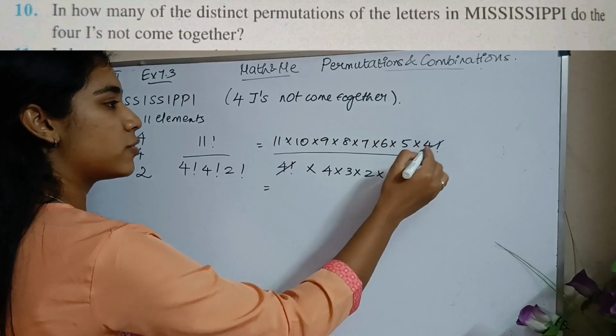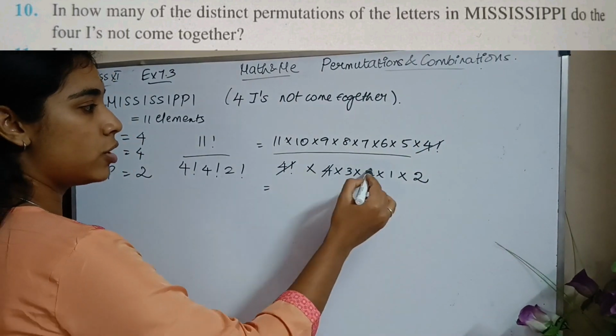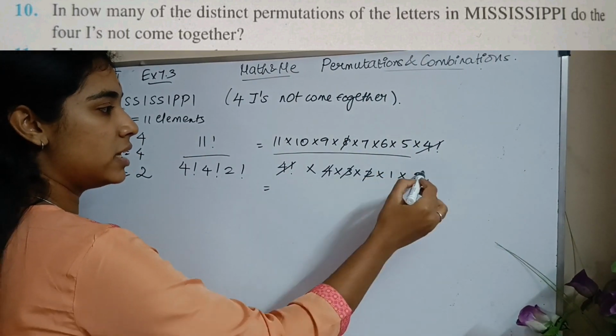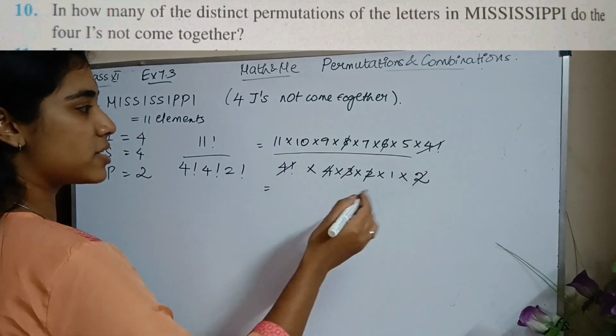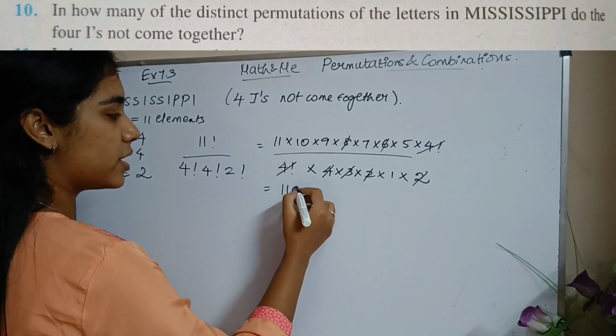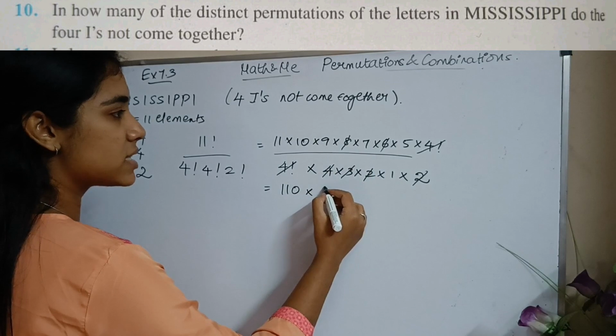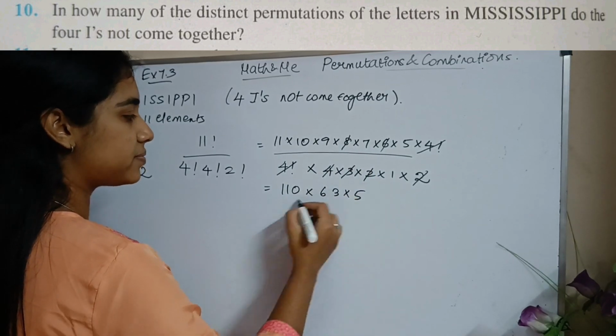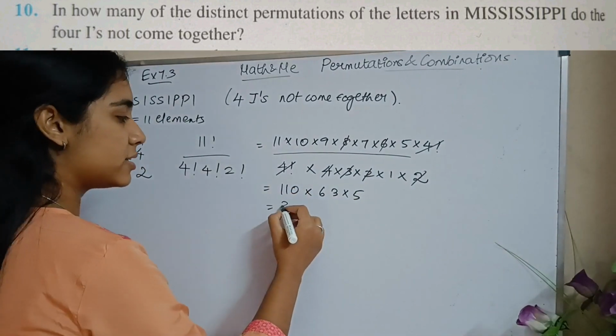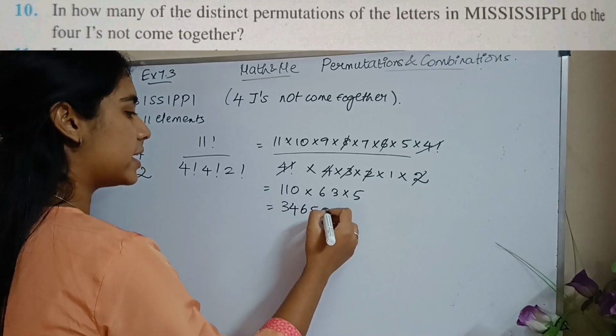So 4 factorial and 4 factorial get cancelled. 4 2s are 8, 3 2s are 6. The denominator is gone. Now I have 110 times 9, 7 nines are 63, times 5. So this will be 34650.